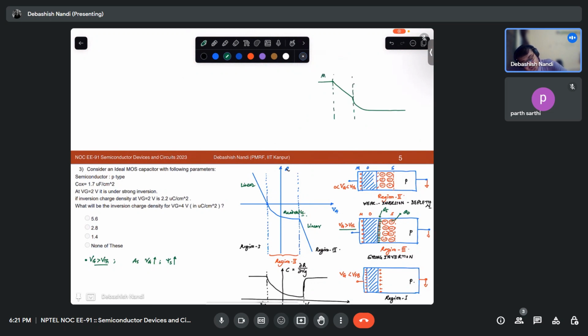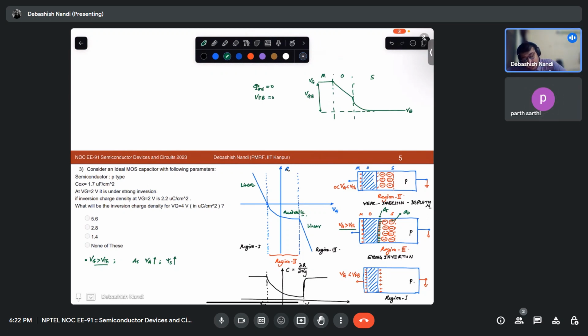If this is your metal, this is your oxide, and this is your semiconductor, and let's say your phi ms is 0, or your VFB is 0 for the time being. So this will be your VGB, this is your VG, this is your VB. Okay, do you get that? Yes, sir.